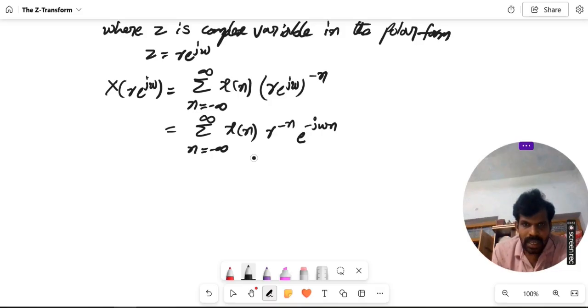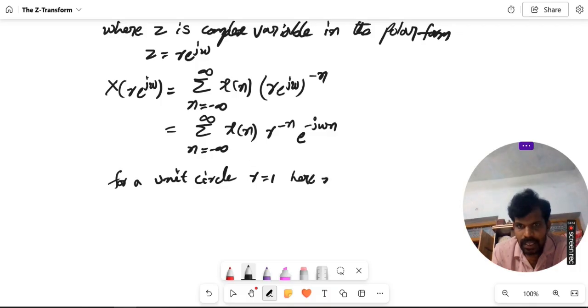So for a unit circle, where r is the radius of the circle, the r value is equal to 1.